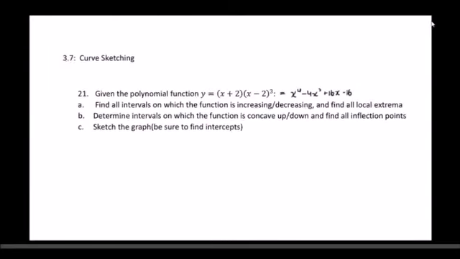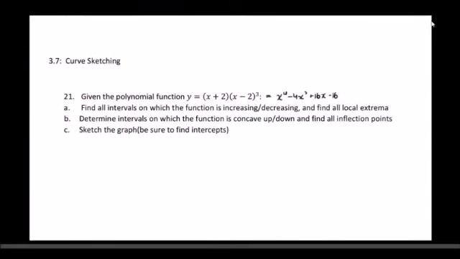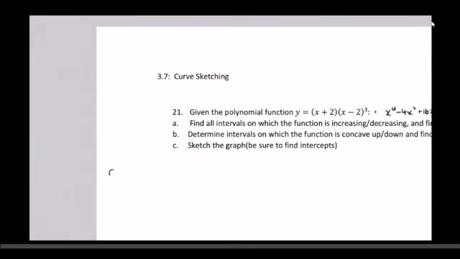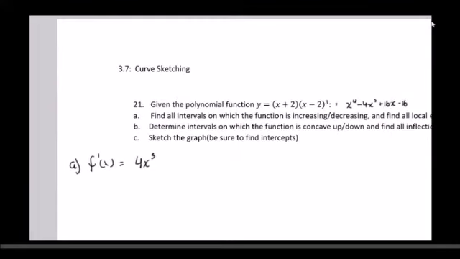Now, it may be easier to take the derivative of this form of the function. If I write here, f prime of x would be 4x cubed minus 12x squared plus 16.